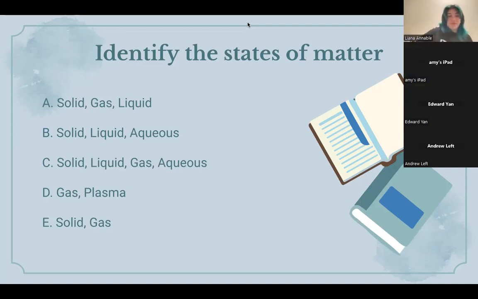Somebody said it dissolves in water. Yeah, so it dissolves in water, and as a result, what happens? Something to do with charges.